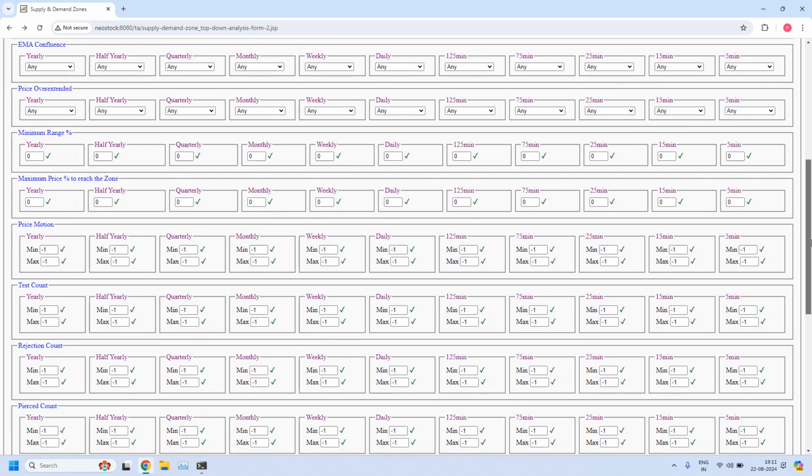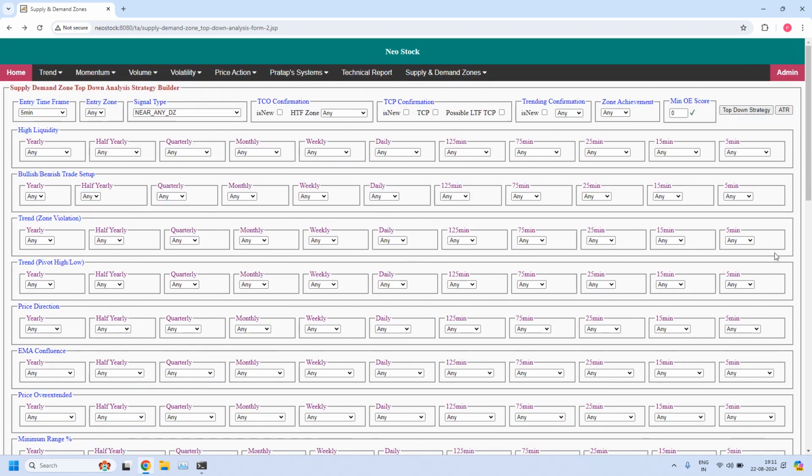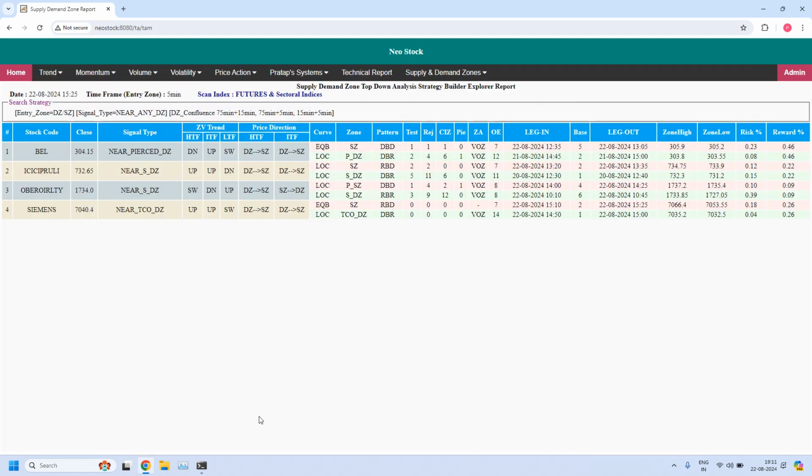So in the demand zone confluence, I am adding 2 more filters. The first one is already enabled, and the 5 minutes demand zone with the 75 minutes demand zone is also enabled, and the 15 minutes demand zone with the 75 minutes demand zone is also enabled. With all the 3 filters, 4 stocks are filtered. Currently these 4 stocks are supporting bullish LTF, ITF and HTF confluence.